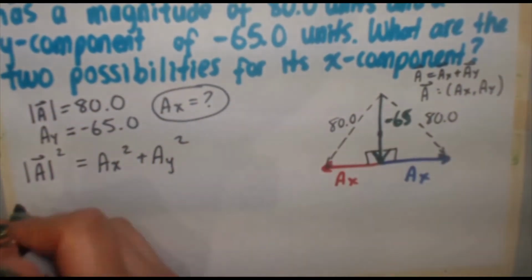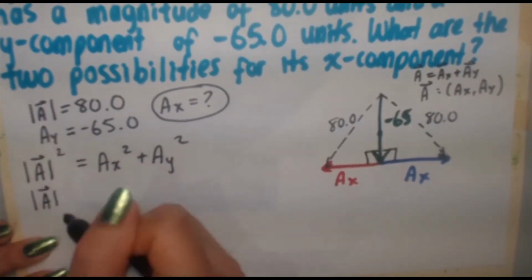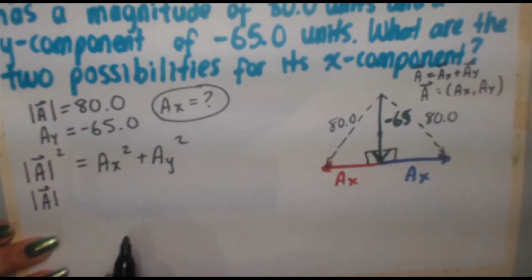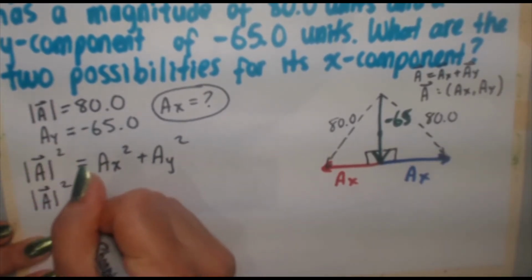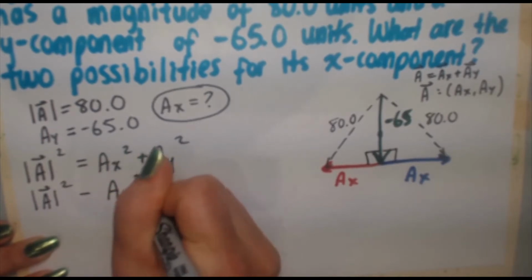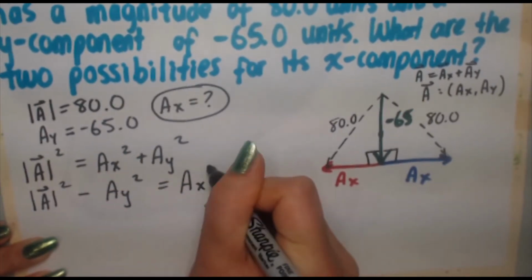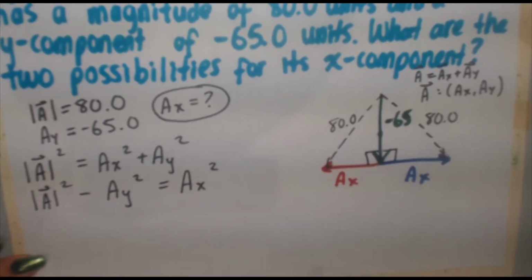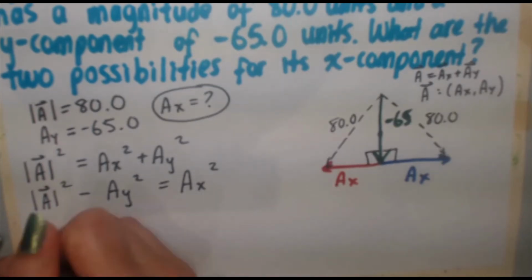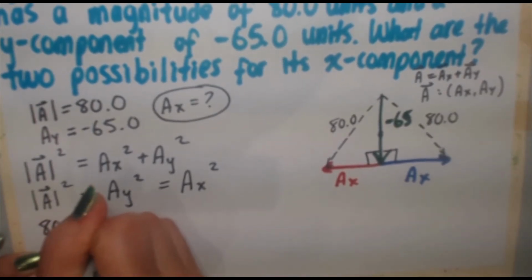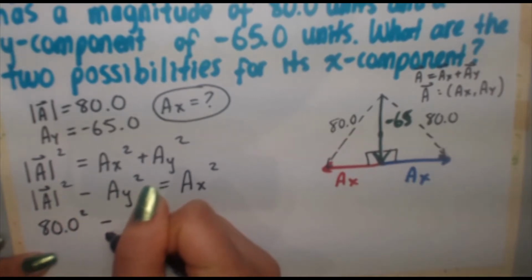Okay, now to get Ax by itself, let's subtract Ay squared from that, leaving you with Ax squared. Okay, A is 80, so 80 squared minus Ay.